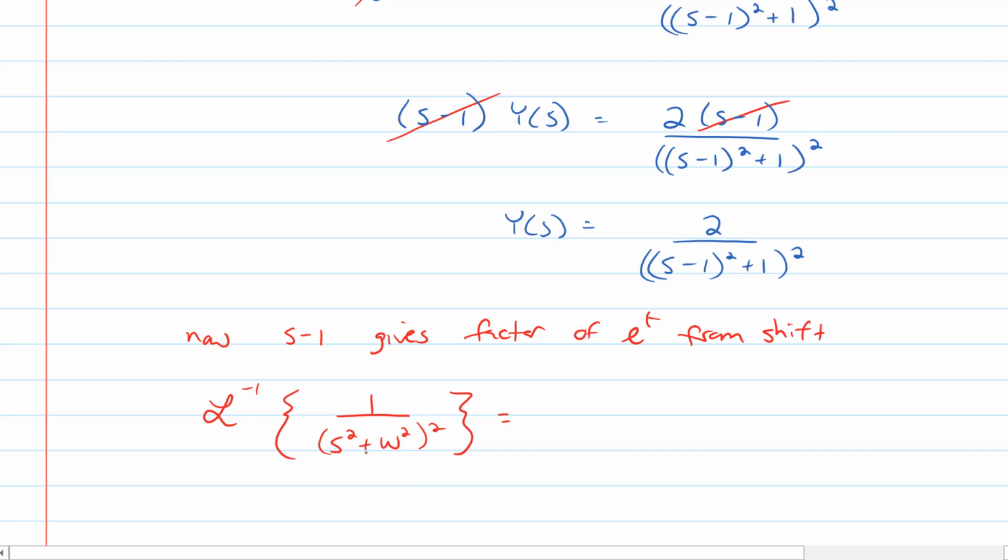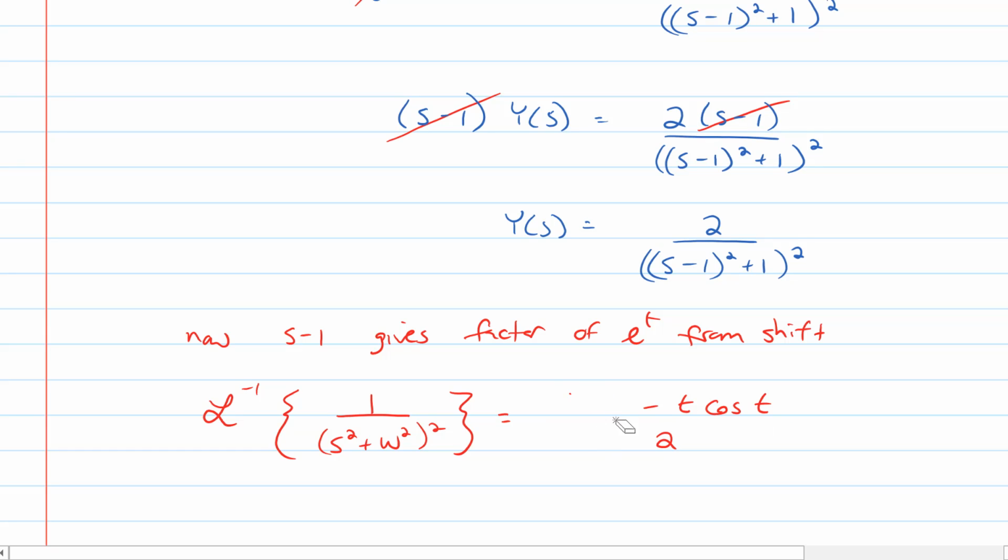We've just got a factor of 2 out front, and if we write what the inverse Laplace transform is, it's one of the entries on your Laplace transform sheet. You get sine omega t, which is just sine t, minus omega t cos omega t, so I'm just going to get t cosine of t divided by 2 omega squared, and that just gives us 2.